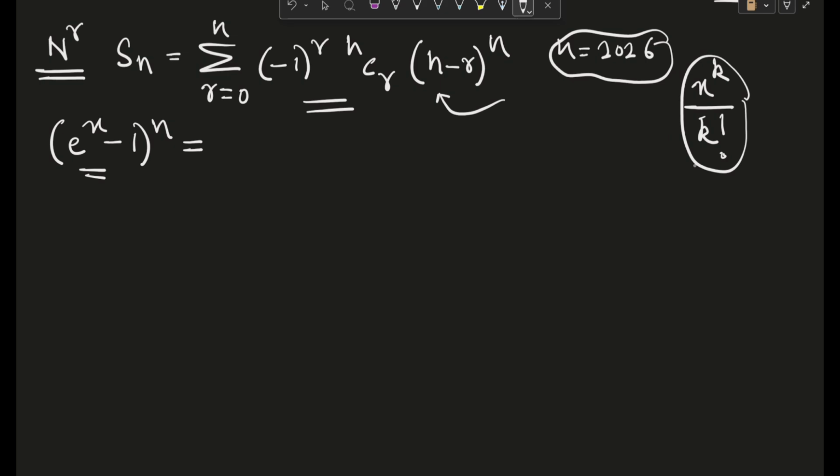Why? Because if you see carefully, n minus r power n is present alone here. Later on we will introduce a dummy variable. I hope you know what a dummy variable means. If you don't, just understand that n minus r is substituted for something else, and it doesn't affect the sigma because we will change the limits here.